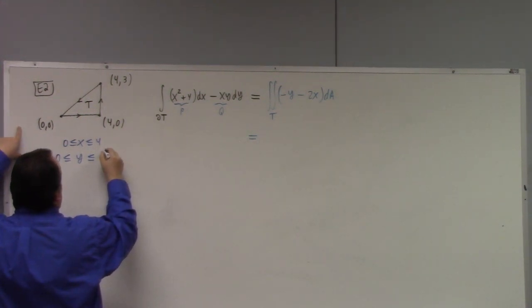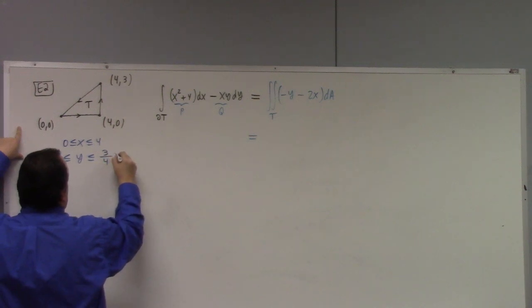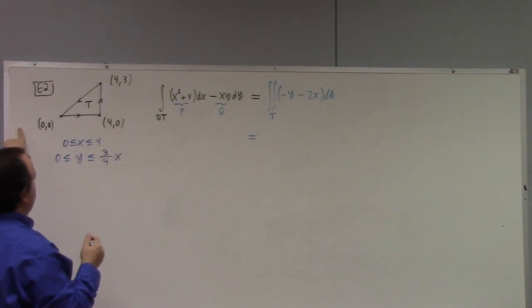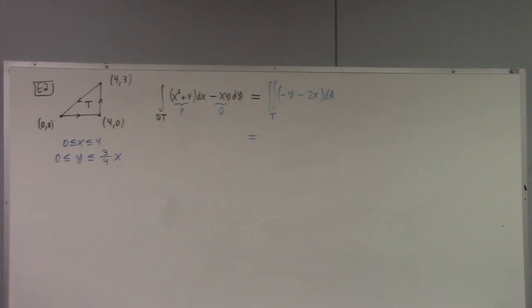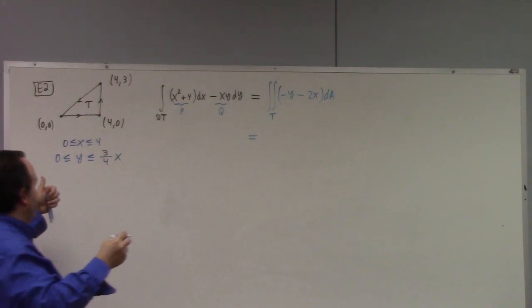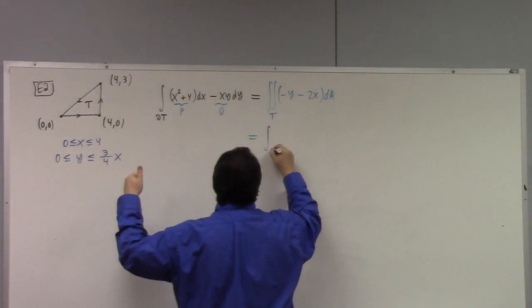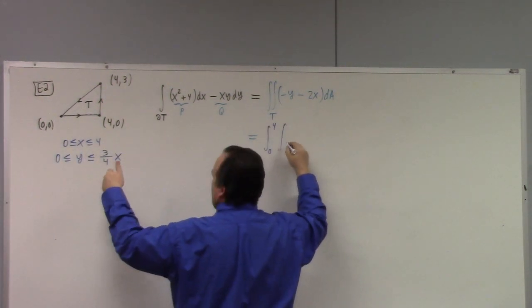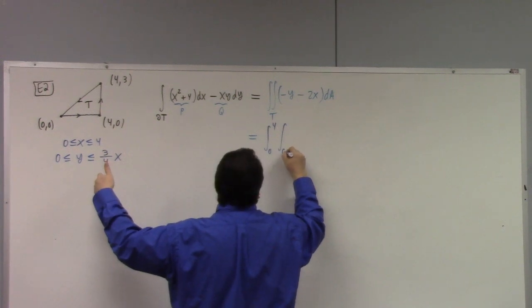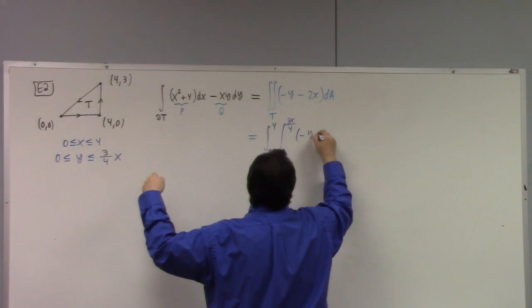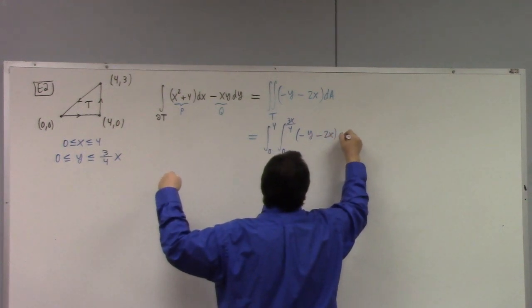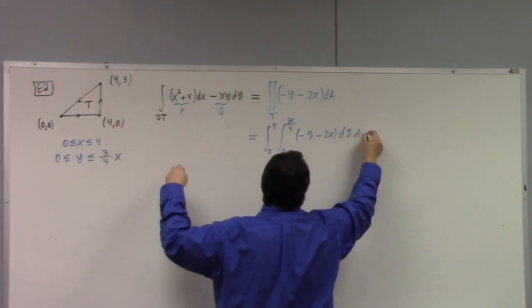I've got a vote for 3/4 x. Let's see, do we believe it? If I plug in x equals 4, I get 3. And if I plug in 0, I get 0. Cool, we got it. So integral from 0 to 4, integral from 0 to 3x over 4 of minus y minus 2x dy dx.